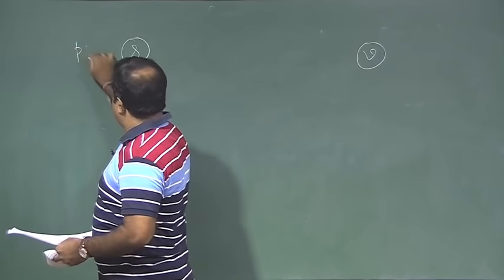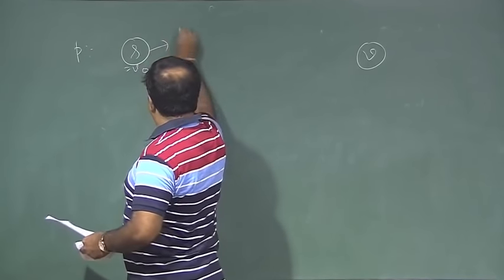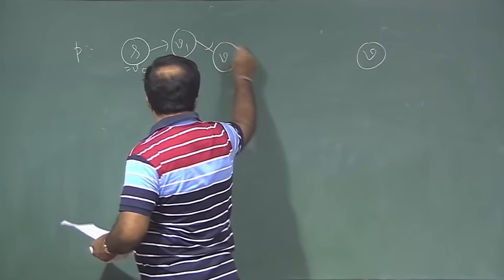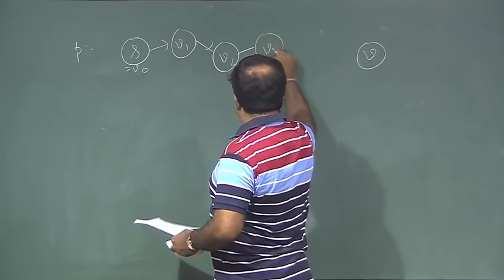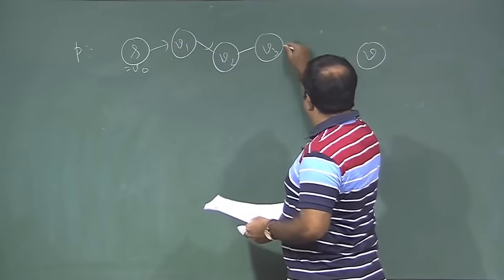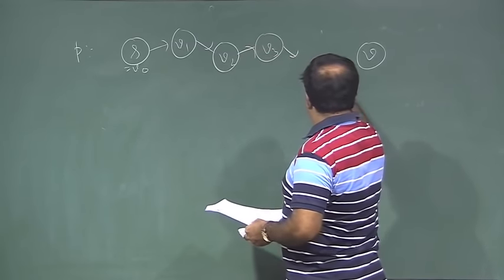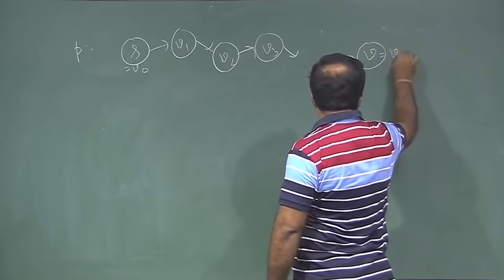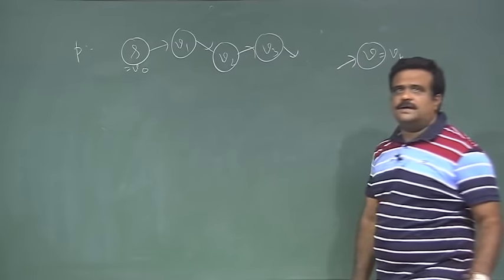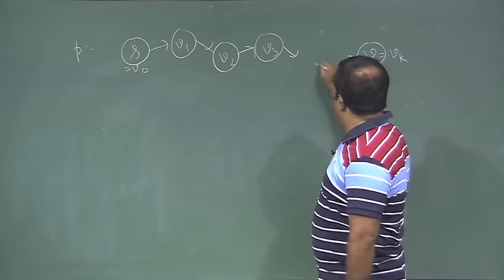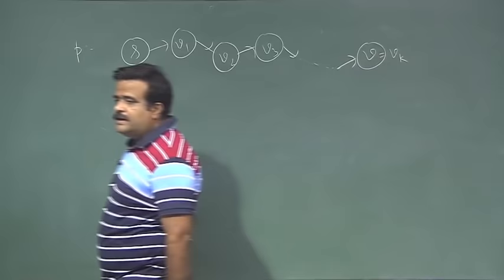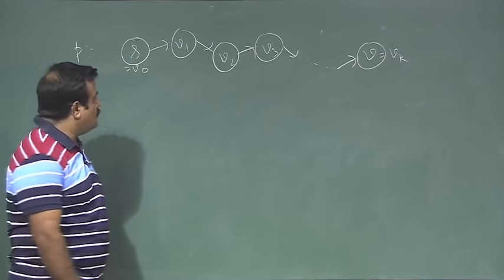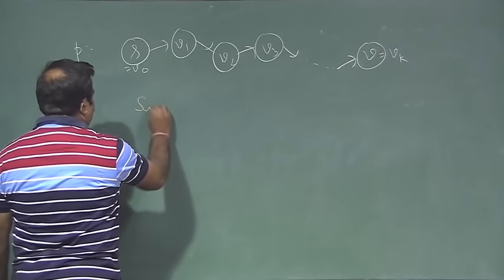So, this is our path P. It may be visiting some vertices V1, V2, V3 and so on, dot dot dot, and this is say Vk. So, there are k vertices in the path.